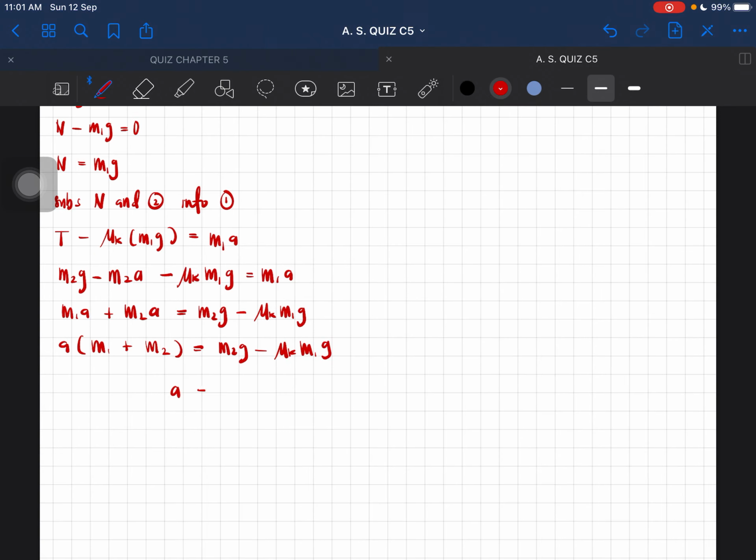So acceleration is m2g minus mu k m1g over m1 plus m2. That is the equation. Just substitute, and you should get acceleration equal to 3.38 meter per second squared.